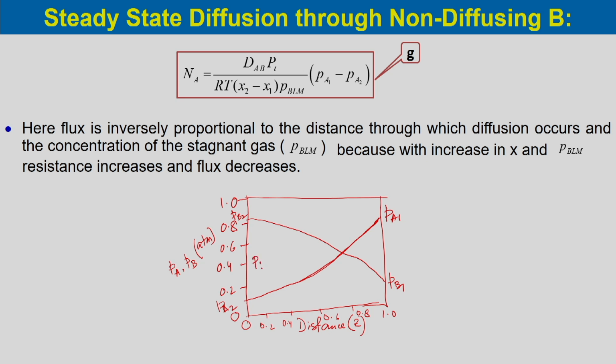So Pt is the total pressure, which is equal to partial pressure of A plus partial pressure of B. This is the variation of PA and this is the variation of partial pressure of component B. So, A is diffusing through these directions. So, this is the partial pressure distribution of A in non-diffusing B.